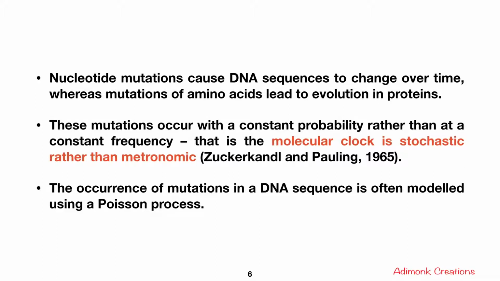These mutations occur with a constant probability rather than at a constant frequency. That means the molecular clock is stochastic, occurring randomly, rather than metronomic, which means at a regular rhythm. The occurrence of mutations in a DNA sequence is often modeled using a Poisson process.